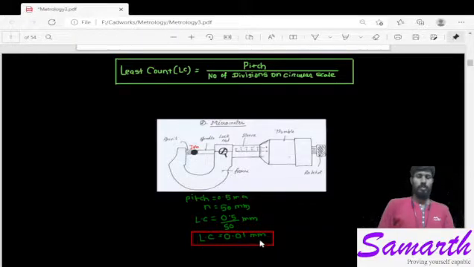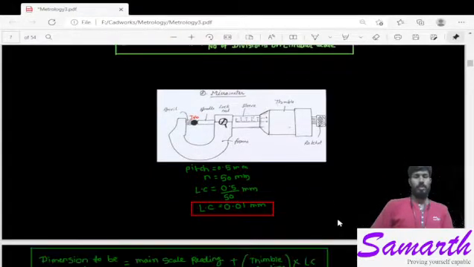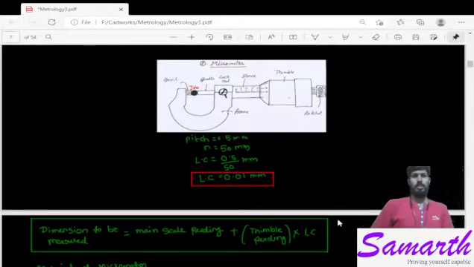So our final value for the least count will be 0.01 mm. Mm will be the unit. This 50 does not have any unit. It is the quantity of divisions on the circular scale, that means on the thimble.